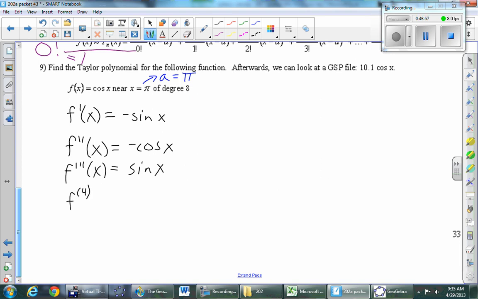Just to remind you notationally, when the derivative gets past 3, those primes are hard to read. So one way to write it is the derivative, but it's got to be in parentheses. So that symbol is how we write fourth derivative.